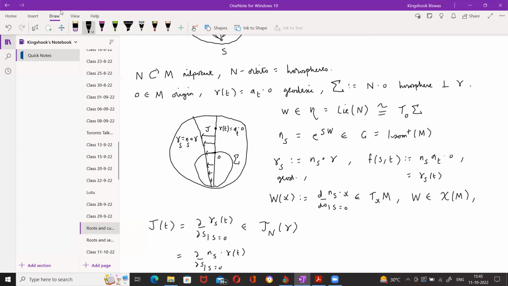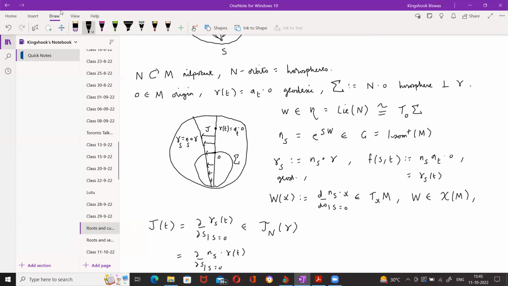Is this clear? So now this one parameter group N_S also gives me a vector field. Let me call that W. W of X is d/ds at s equal to 0 of N_S dot X. So this is also a vector field W on M. And this one parameter family of geodesics gamma_S, you can see, are all perpendicular to the horospheres.